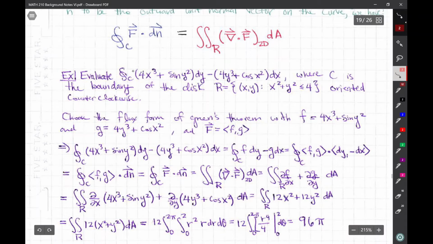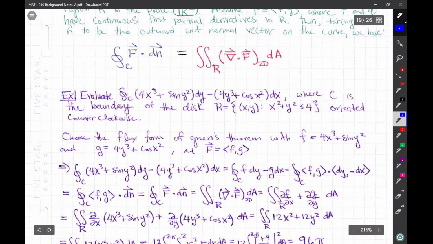And by the way, this here is in the flux form. If you'll recall, this expression could be written as the line integral over C of F dy minus G dx, which is actually equal to the flux of the vector field (F, G) dotted with dn.